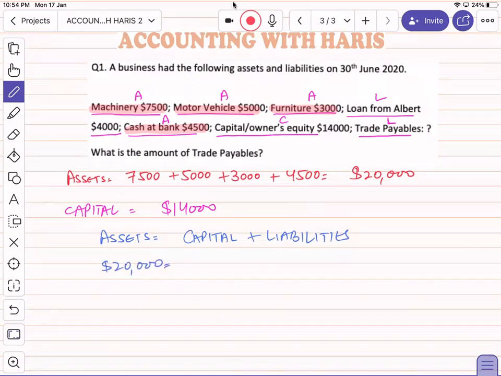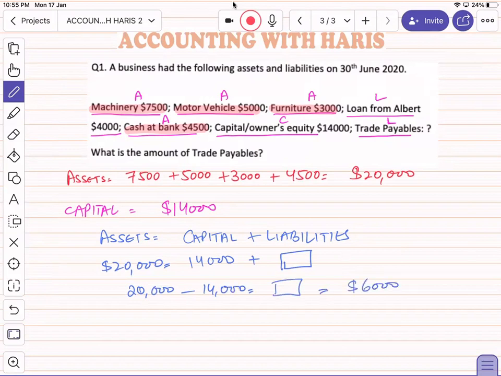Your capital equals $14,000. We do not know our liabilities, so we can assume it to be a box or X. If you subtract capital from assets, you will get this box, which is equivalent to $6,000. So your total liabilities equal $6,000.